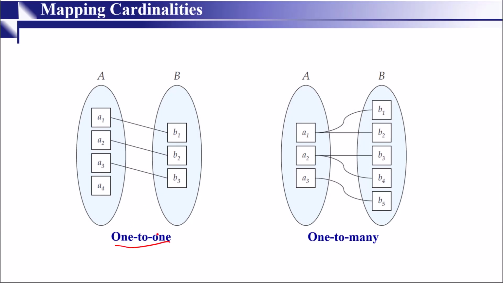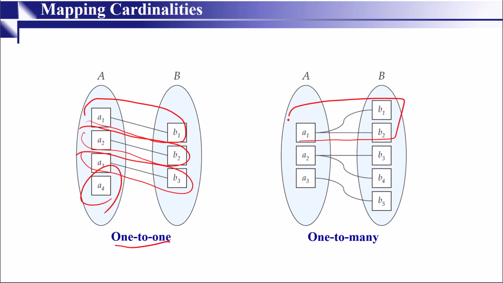You can see here one to one, it means one instructor, one student. And also we may have professor who has no student under supervision. This is one to many that you can see one professor to a student, one professor to a student, and one professor, one student. So some elements in A, for example, may not be mapped to any element in another set. Understanding this is key to accurate modeling.